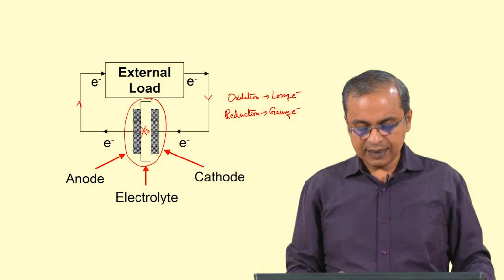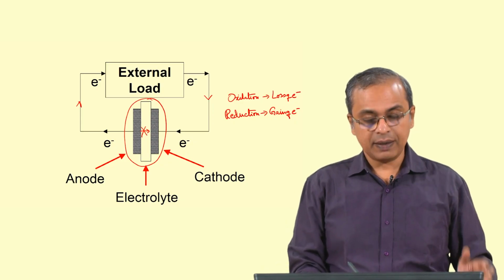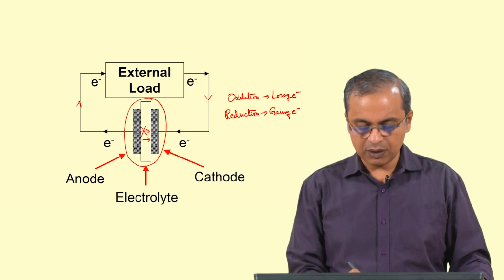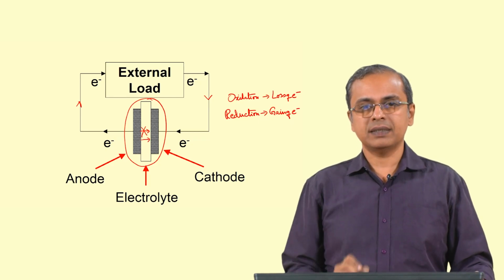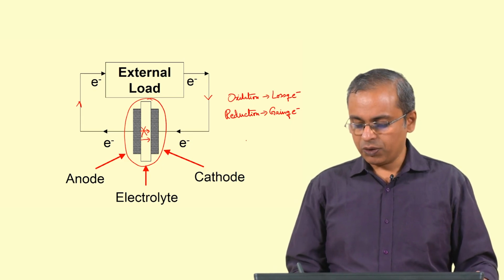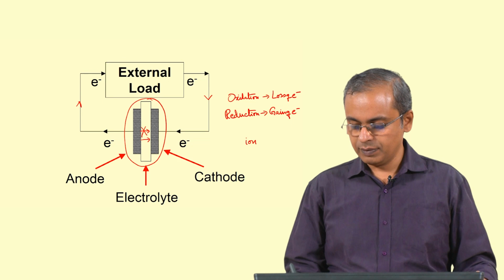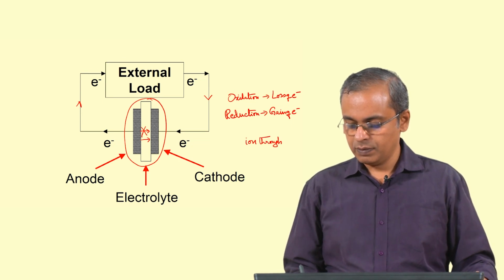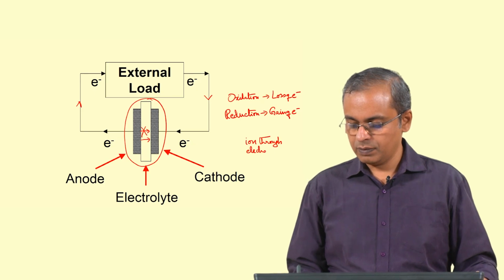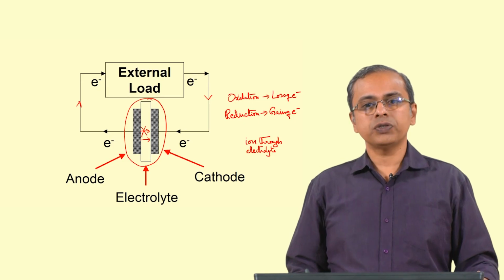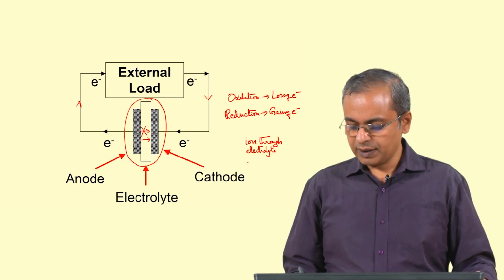So to complete the reaction process, you have to have some species that goes across and completes this reaction. The species that goes across through the electrolyte is typically an ion. So, the ion goes through the electrolyte, and the electron goes through the external circuit.